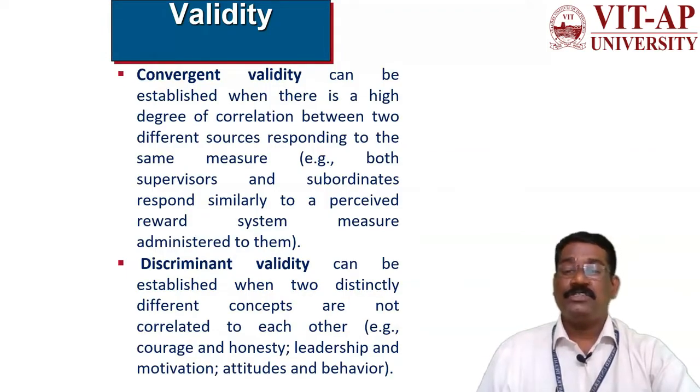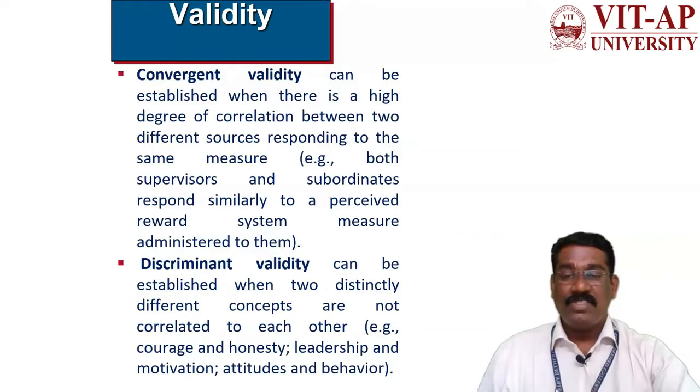The next one is to check discriminant validity, which can be established when two distinctly different concepts are not correlated with each other. Examples: courage and honesty, leadership and motivation, and attitudes and behavior. These are different concepts, and the variables pertaining to each concept have to repel.